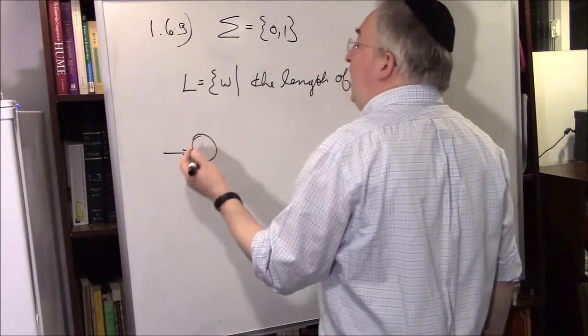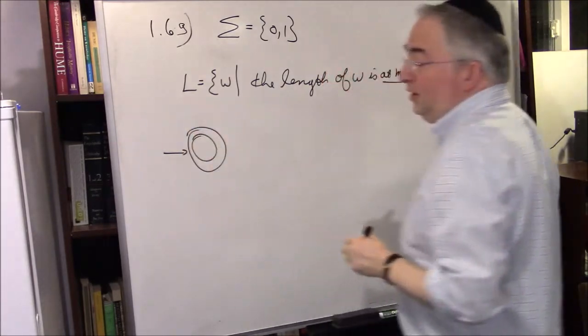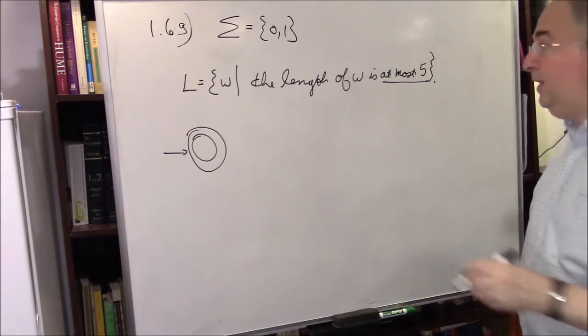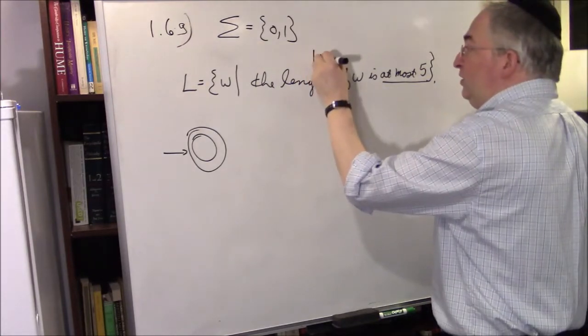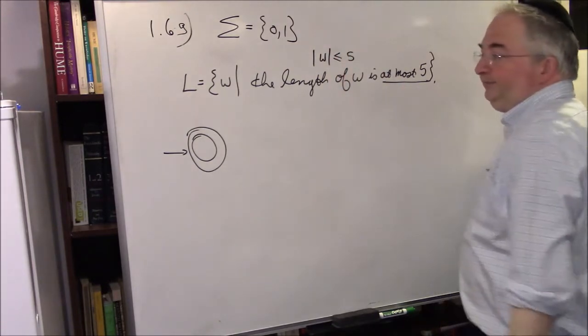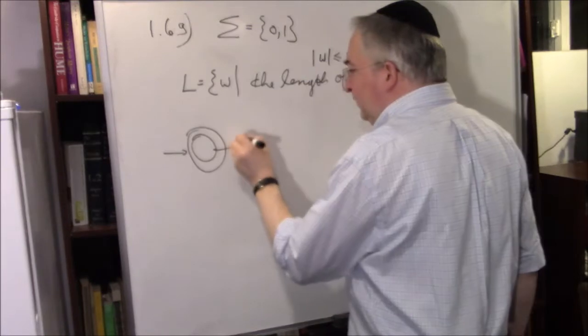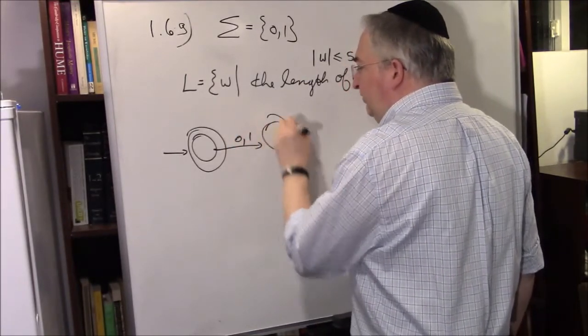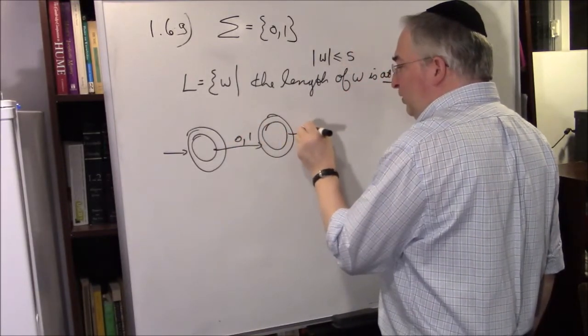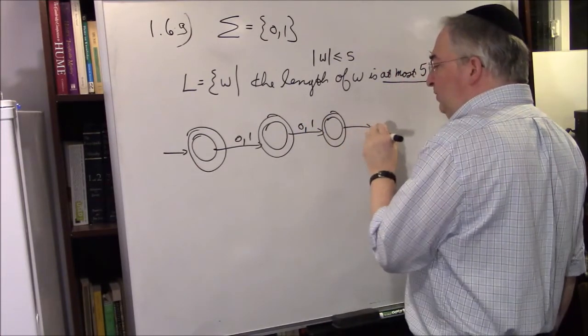So, at most 5 could be there. By the way, another way of writing this is the length of W is less than or equal to 5. The empty word is accepted, but you could have another letter, and that word would be accepted.